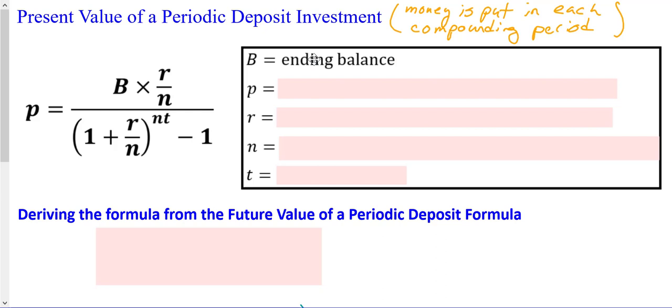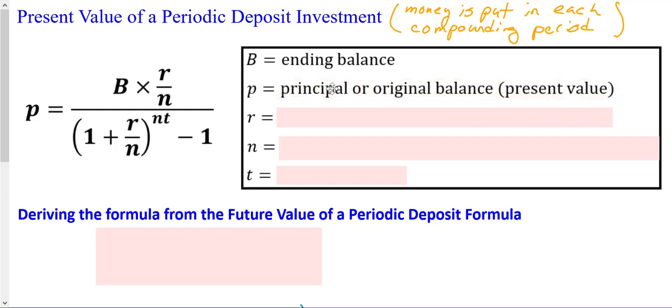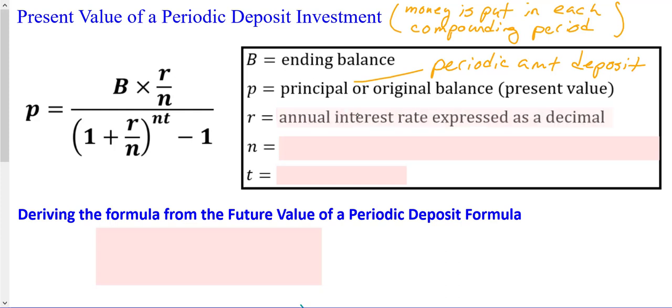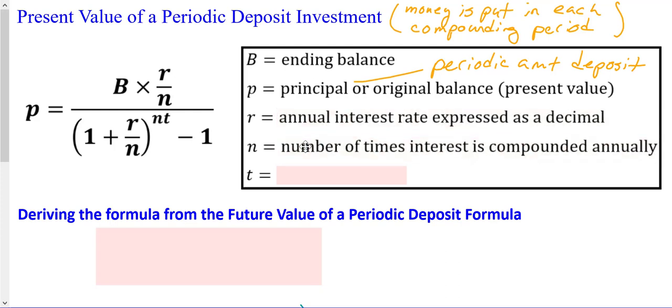So B is still your ending balance. In this case, P is the principal or the original balance, or in this case, it's going to be the periodic amount deposited. R is going to be your rate, N is the number of times compounded, and T is the number of years.